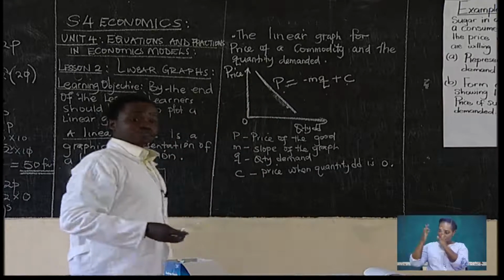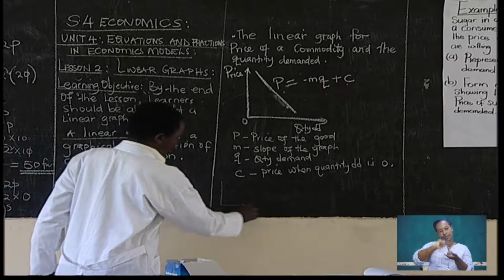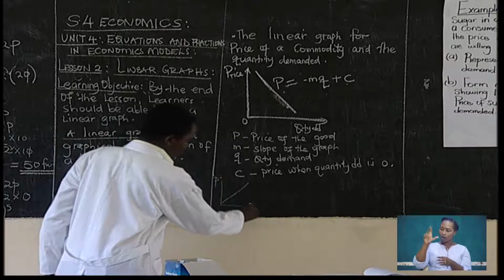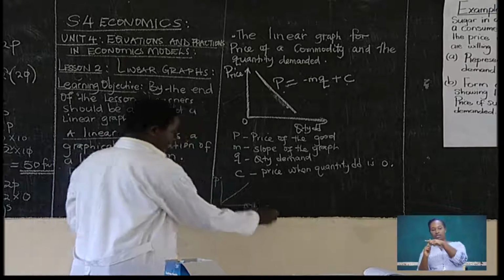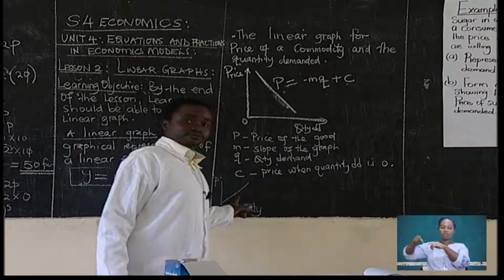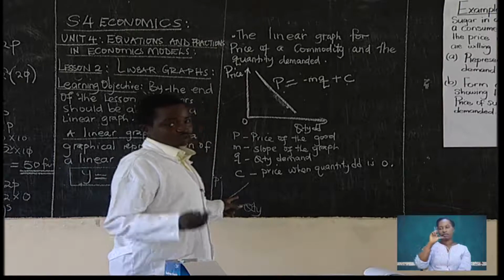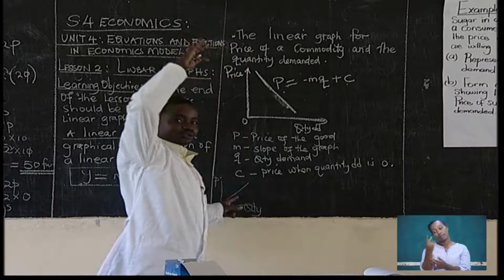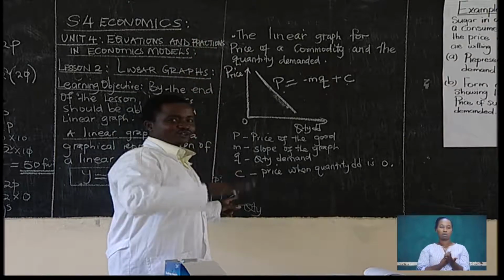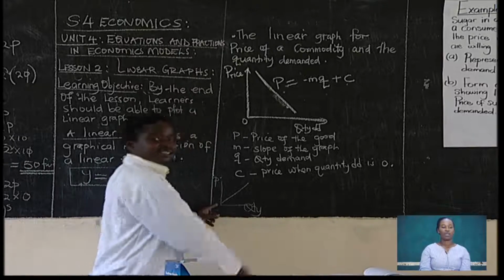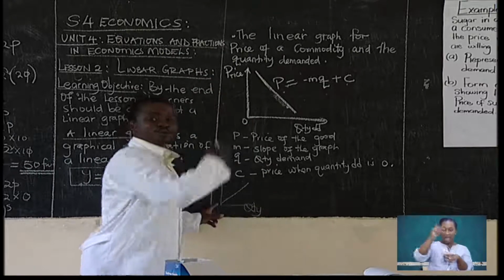So its slope is positive. As price increases, quantity demanded increases. This is for a normal good. So it is a positive slope. I think you know that one. Because realistically, if price increases, we expect quantity demanded to reduce. But for a normal good, it violates that. Price is increasing, people are buying more.